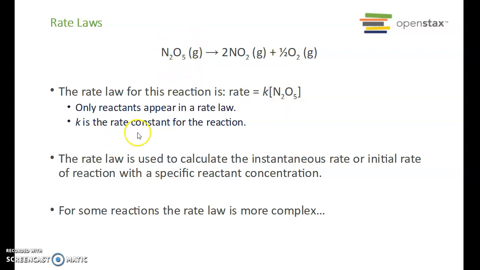And k is the rate constant for the reaction. This is not the Boltzmann constant. This is an individual constant that is determined and calculated specific to this particular equation. The rate law is used to calculate instantaneous rate or initial rate of reaction for a specific reactant concentration.